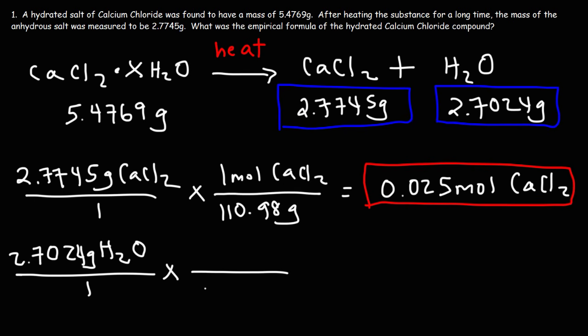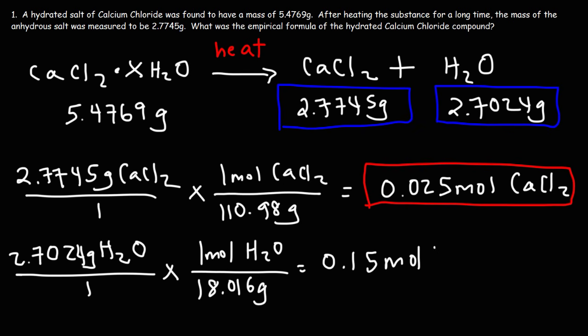So the molar mass of water is 18.016 grams per 1 mole of H2O. So if we take 2.7024 and divide it by 18.016, we're going to get 0.15 moles of H2O.